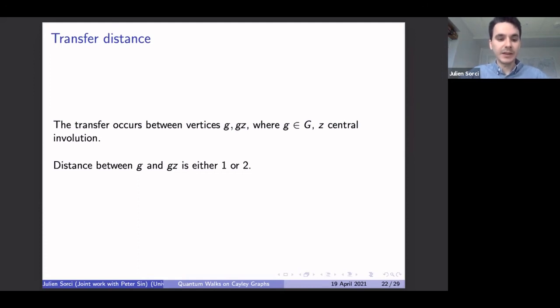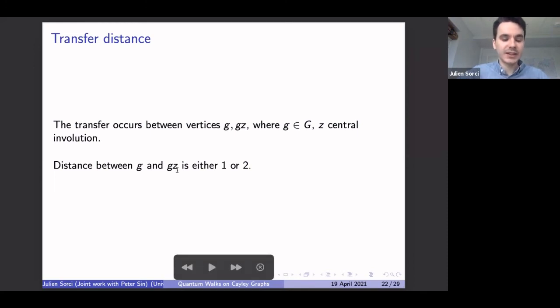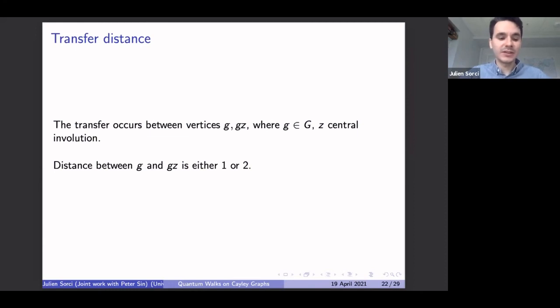It's either 1 or 2, depending on if z is in the connecting set or not. If z is in the connecting set, then obviously the distance will be 1, and if it's not, then it'll be 2. So I guess we're not doing so well with getting transfer over large distances, but at least our previous result on vertices being strongly cospectral is a little bit simpler in this case than in other situations you might look at.